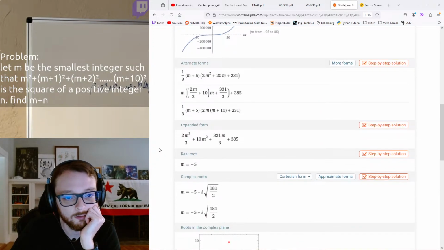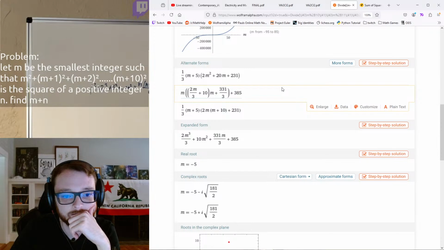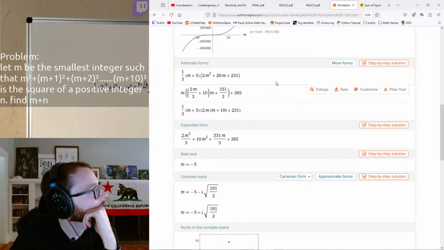It's not going to work. I was hoping if you expanded it out, you would get something cleaner than this. Get some more cancellations.